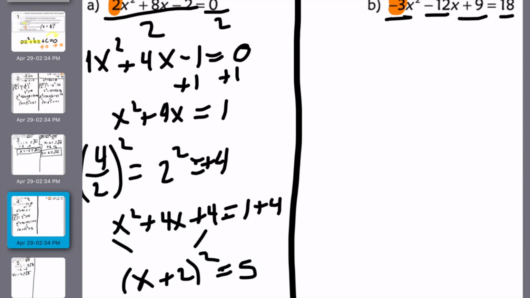So I'm going to divide everything by -3, both sides by -3. So I'm going to be left with -3x squared divided by -3, which gives me x squared. -12x divided by -3 gives me a positive 4x, because a negative divided by a negative gives me a positive. Positive 9 divided by -3 gives me a -3.